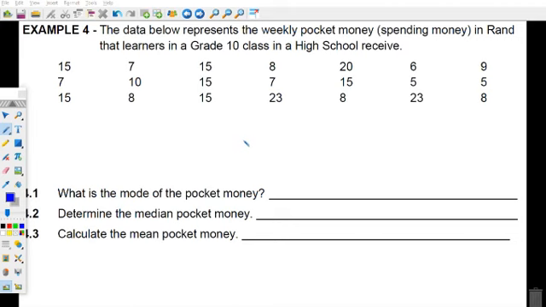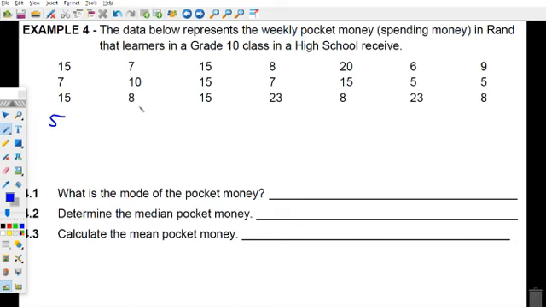So when we're having all this data, guys, what do we have to do first? Ascending order. So quickly, let's put it in ascending order. All of it. This is part of the skill we have to do.